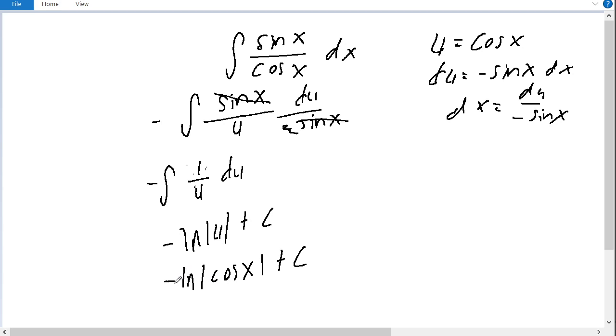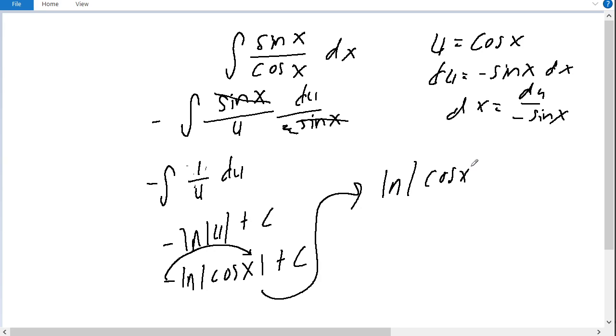And now, just to simplify further, we can take our negative and move it as an exponent of whatever is inside our log function. So what does that become? That just becomes ln of cosine of x to the negative first plus c.